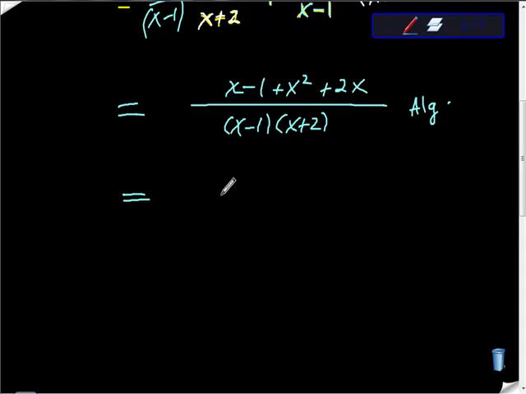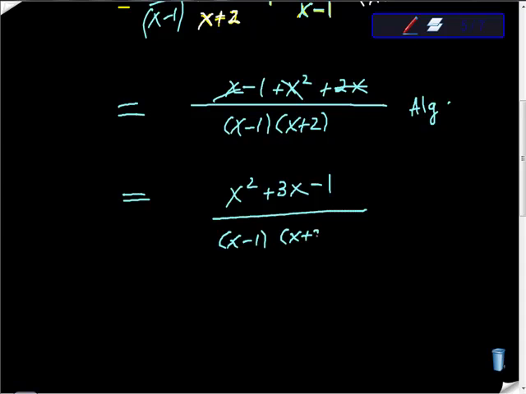We have this x squared. We have 2 x's here, 1 x here, and that gives us 3 x's, doesn't it? And this negative 1, so minus 1, all over x minus 1, x plus 2. All right, so that's what I got.